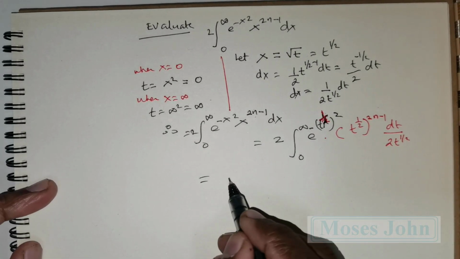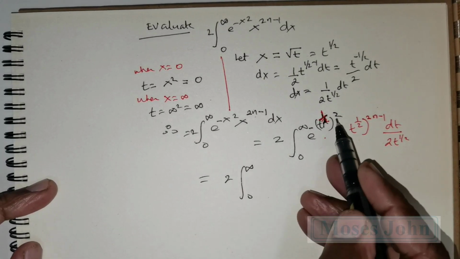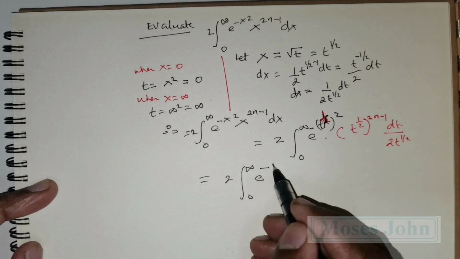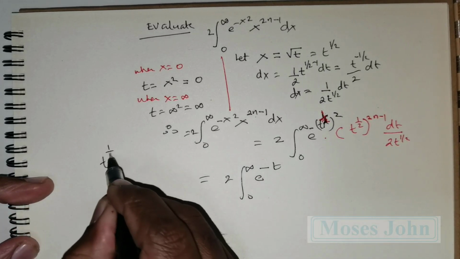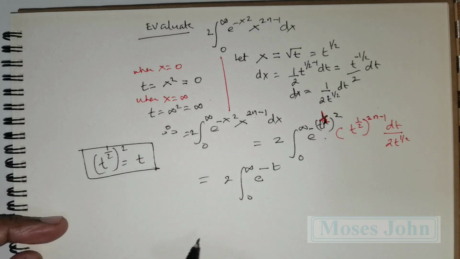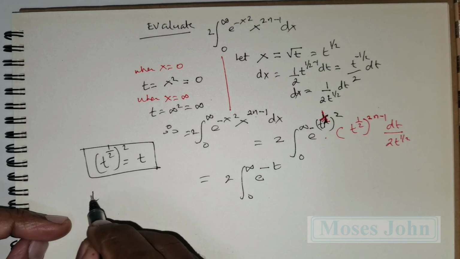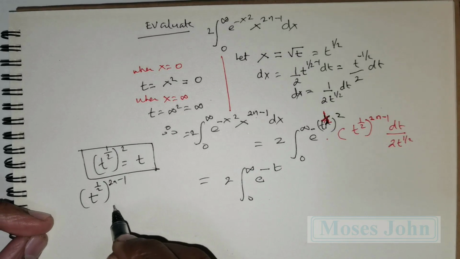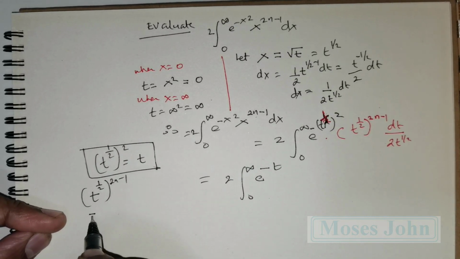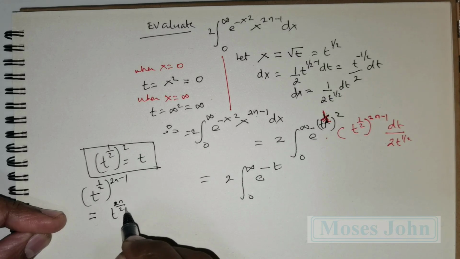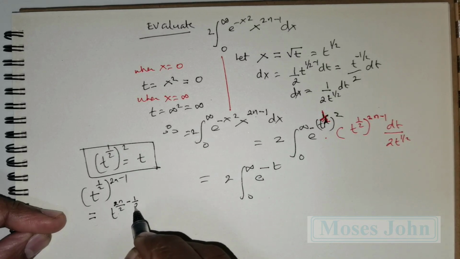Now this can be rewritten as 2 times the integral from 0 to infinity. You get e power negative t, because t raised to the power half, raised to the power 2, is going to be t. Over here it's t raised to the power 1 over 2 raised to the power 2n minus 1, which is going to be t raised to the power 2n divided by 2 minus 1 over 2.